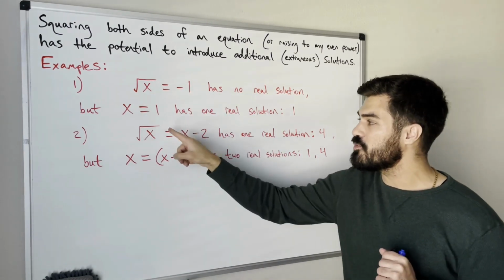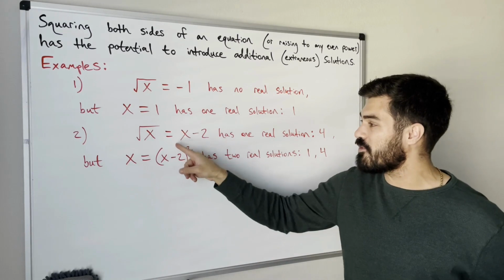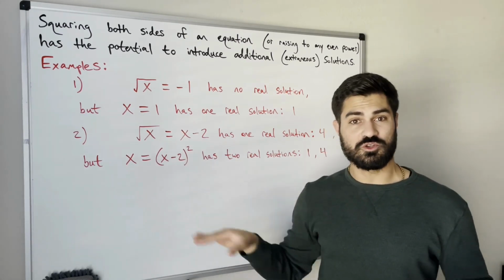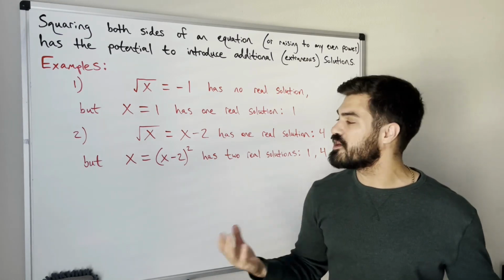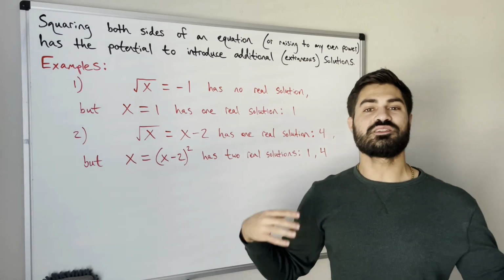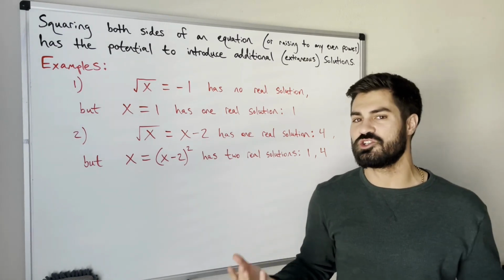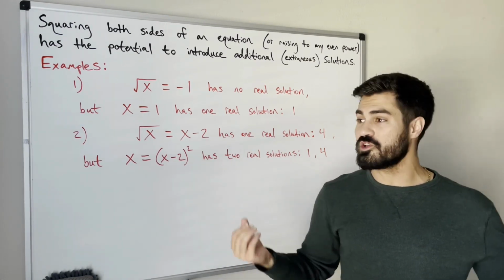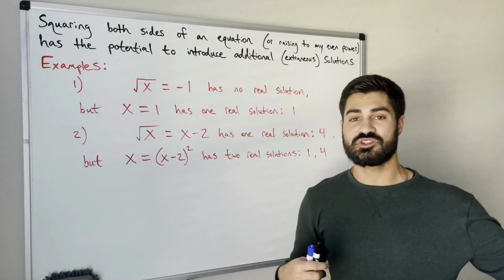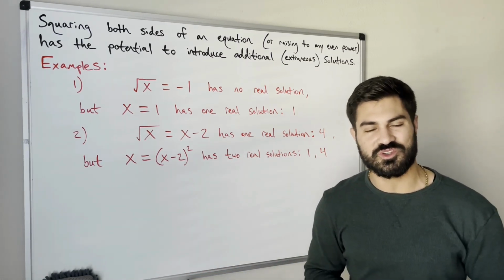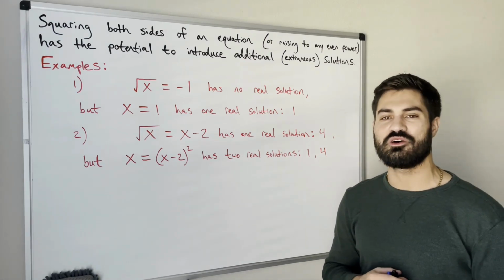So when we square both sides or raise it to any even power and get this resulting equation, finding all of the solutions to that resulting equation gives us all of the potential solutions to the original equation. All we have to do is go and check each of those solutions. But once we check them all, we throw out the ones that don't work, we keep the ones that work, and we have our solution set. We're good to go. So let's go ahead and jump into another couple of examples.